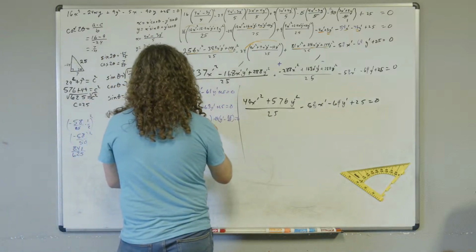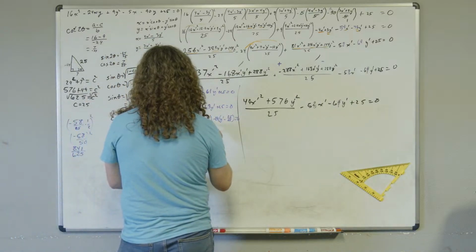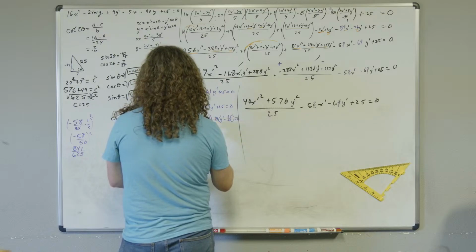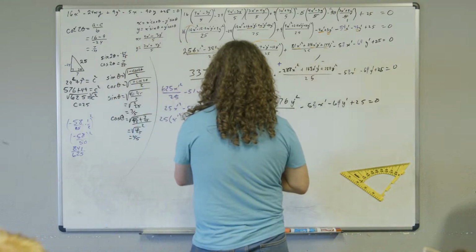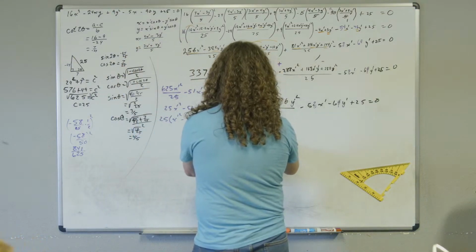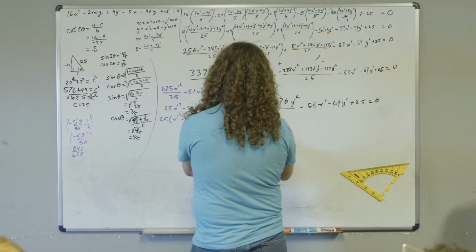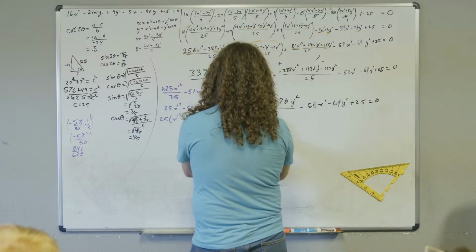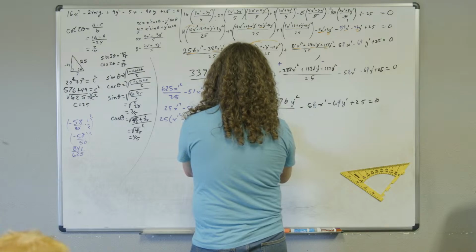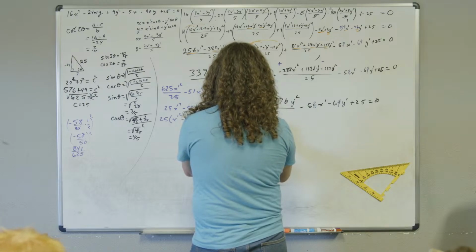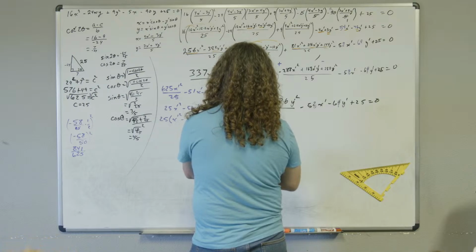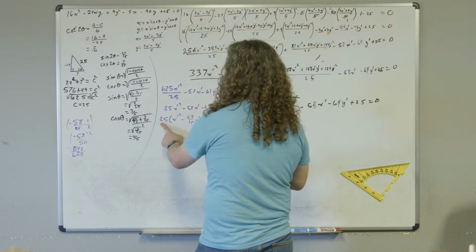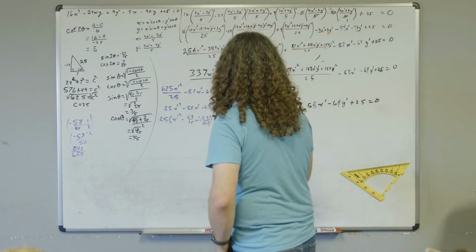Plus 841 over 625, and then you multiply that by 25 and you get 841 over 25. We're going to subtract 41 over 25, because we have to multiply by the 25 that we took out from the box. Equals 0.